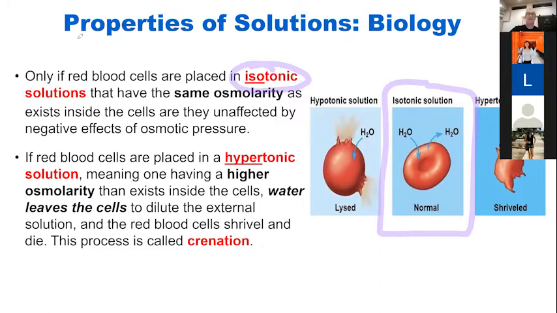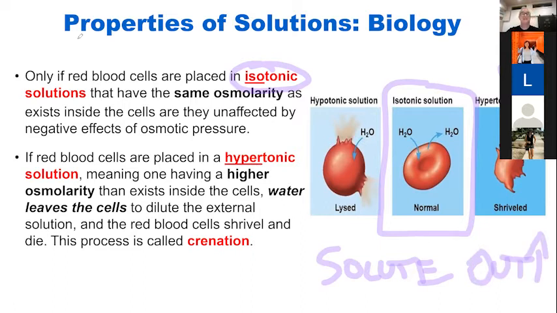But if you put it in a hypertonic solution, hyper meaning higher, basically this means there's a lot more ions and everything else outside the cell. So when that happens, water is going to move from the inside of the cell out because there's more solute outside and less solvent.